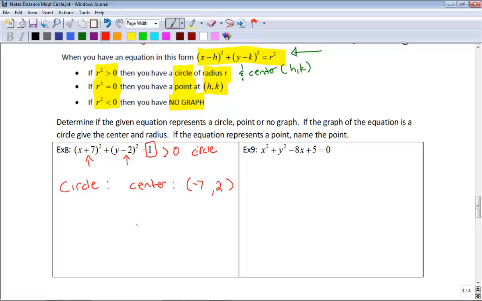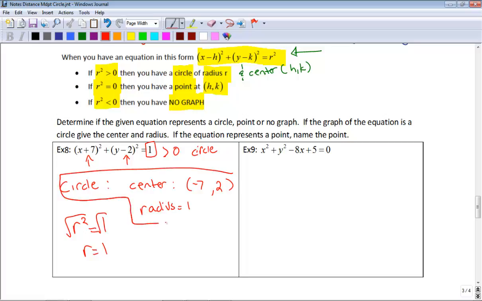Now I need to find my radius. This 1 is really r squared. So if r squared is equal to 1, taking the square root of both sides gives r equal to 1. So example 8 represented a circle with center at (negative 7, 2) and radius of 1.